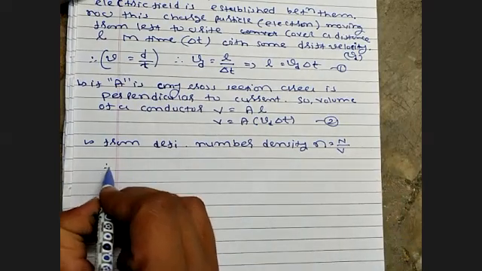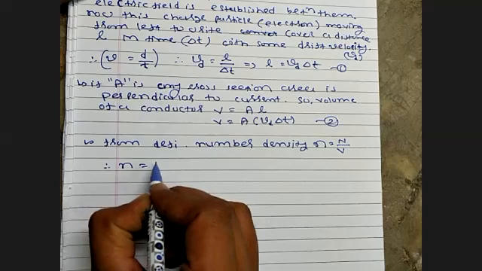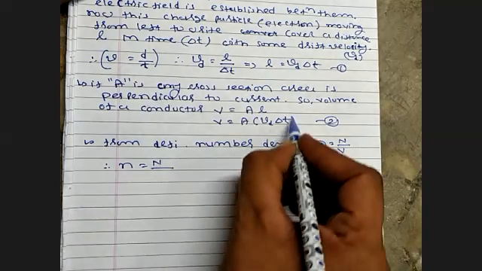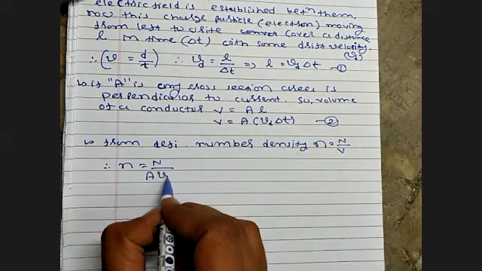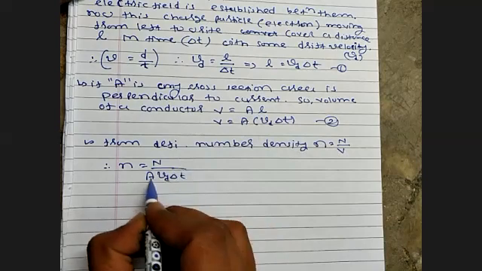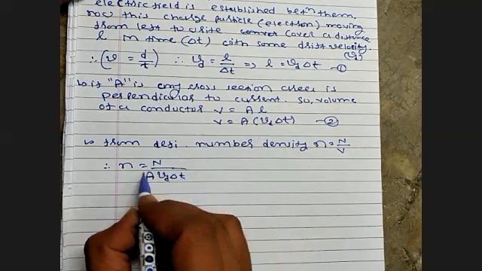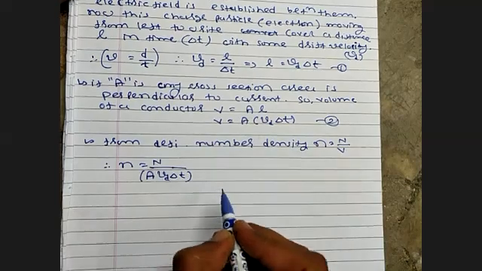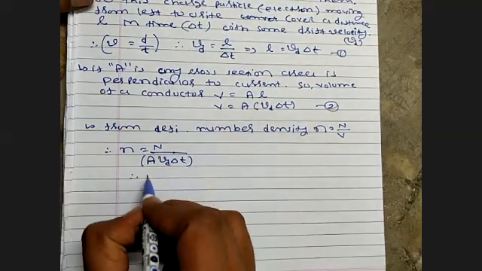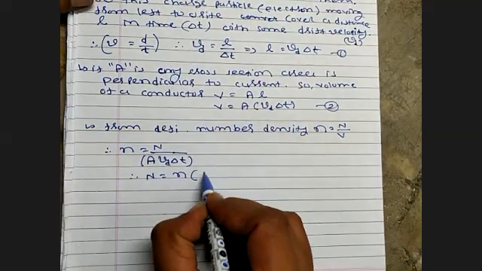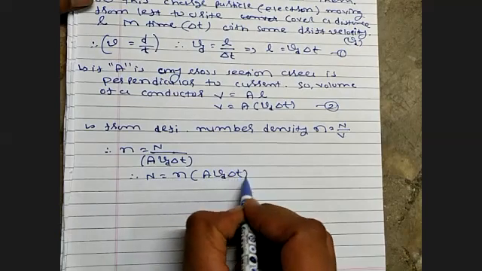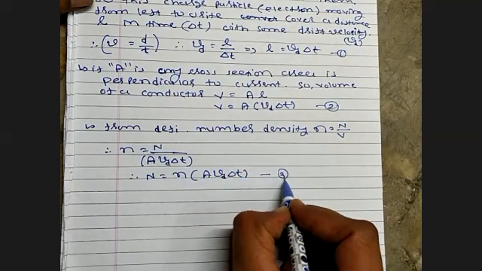Okay, so therefore small n is equal to capital N divided by the volume A Vd delta T, and therefore capital N is equal to small n A Vd delta T. That is equation number 3.